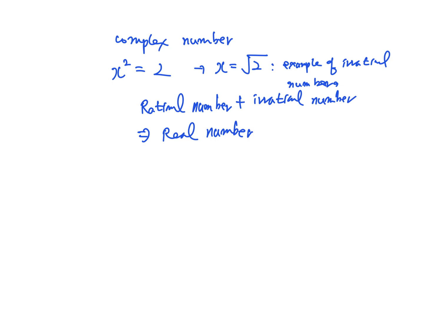Around the 17th century, some mathematicians asked the question: is there any number that gives -1 when you square it? So as in the case of irrational numbers, the mathematicians defined the new number i, square root of -1.